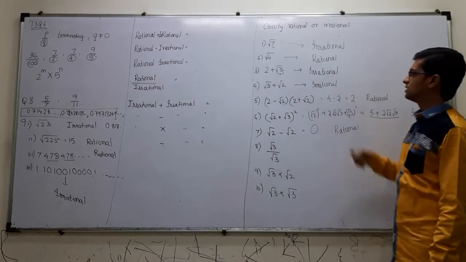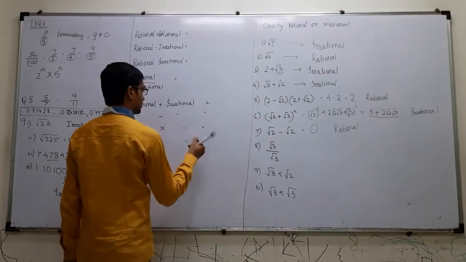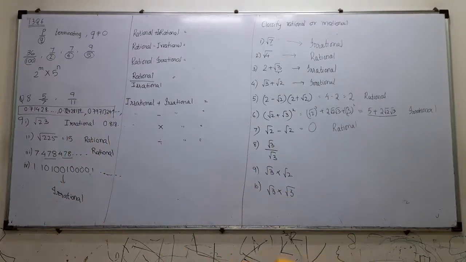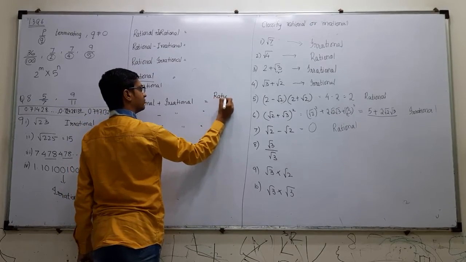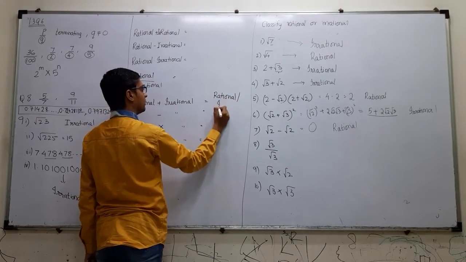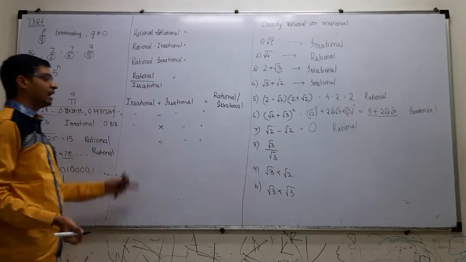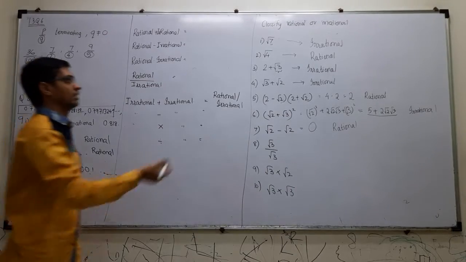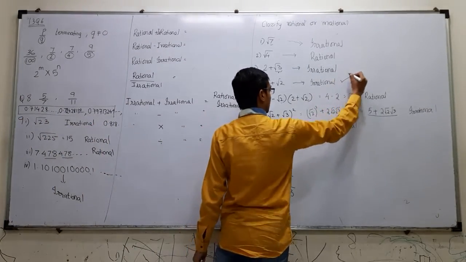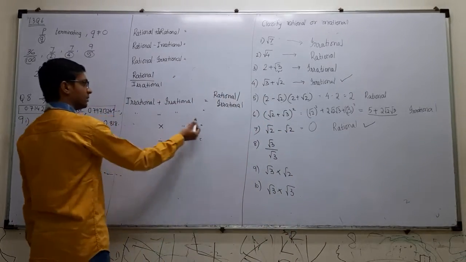Now see, here irrational plus irrational was rational. Here irrational plus irrational was irrational. So irrational plus irrational can be rational or can be irrational. Okay? It is not mandatory that irrational plus irrational will be irrational only. I will give an example. This is irrational and this is rational. Okay? Same with subtraction.